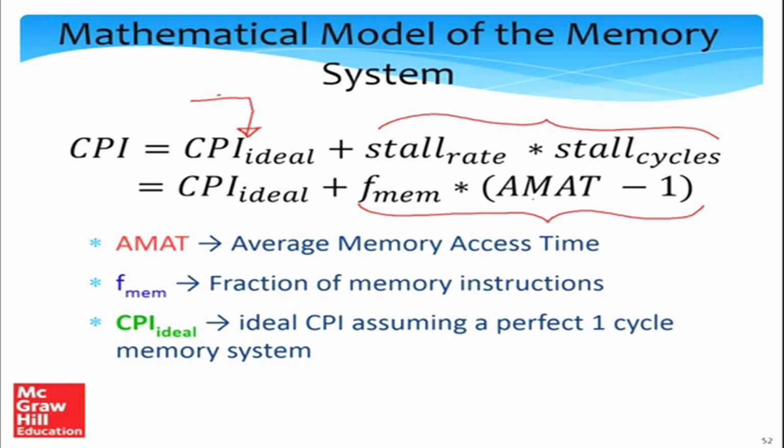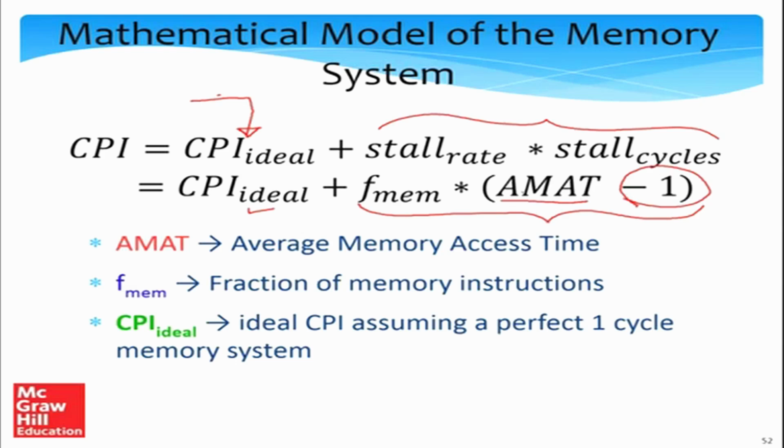The average number of stall cycles per memory instruction is the average memory access time minus 1. Why minus 1? Because we assume that every memory instruction will take one cycle, and this one cycle is folded into the CPI over here, so we need not do double counting. Consequently, we compute the stall cycles for memory instructions as AMAT, average memory access time, minus 1.